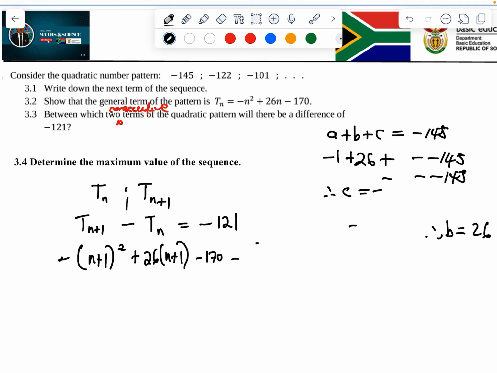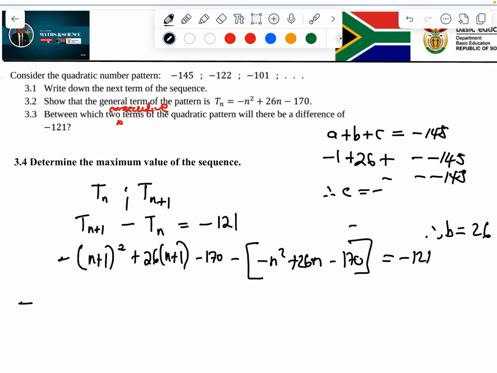Then minus, check what I'm doing, I'm subtracting Tn now. With Tn, it's just this, which is minus n squared plus 26n minus 170. Then this will be equal to negative 121.